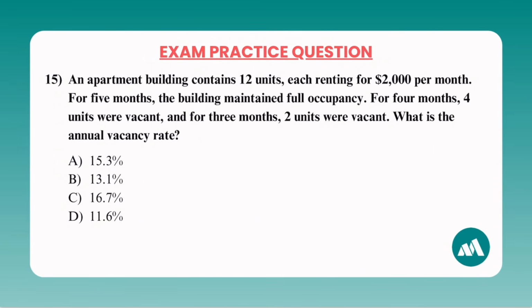Now, in order to solve this question, we need to create a little chart. It might seem a little daunting at first, but it is a great way for you to visualize what needs to be done. So we're going to have months here, available units, and vacant units here.